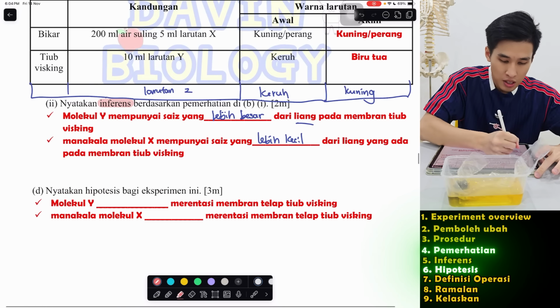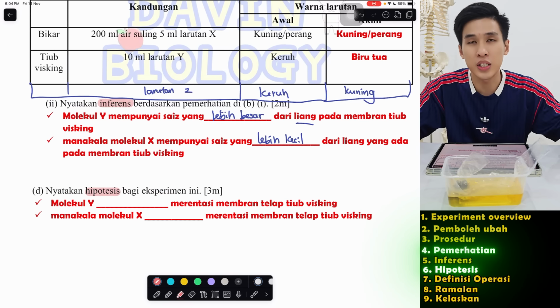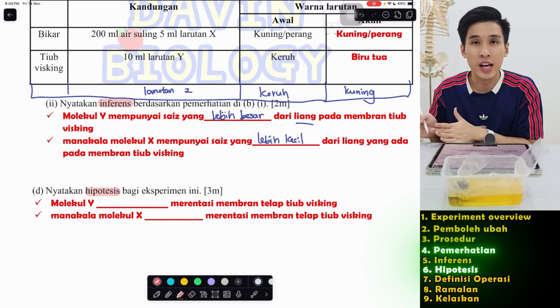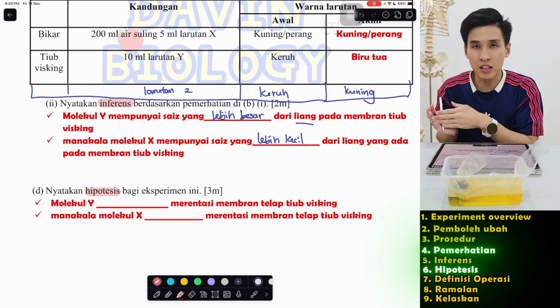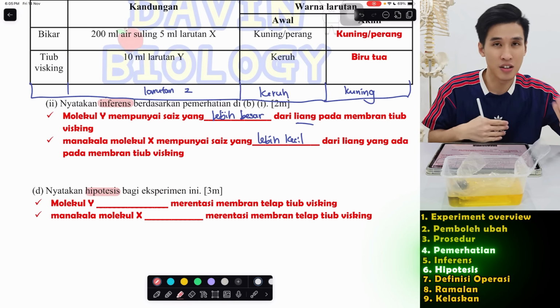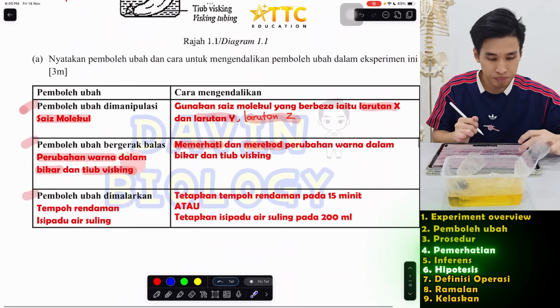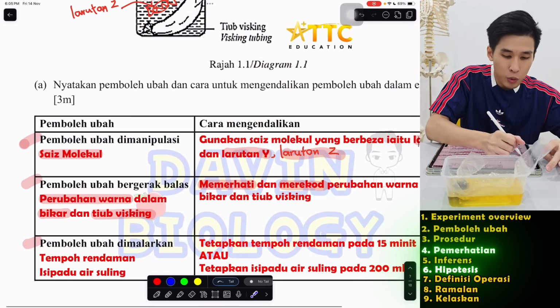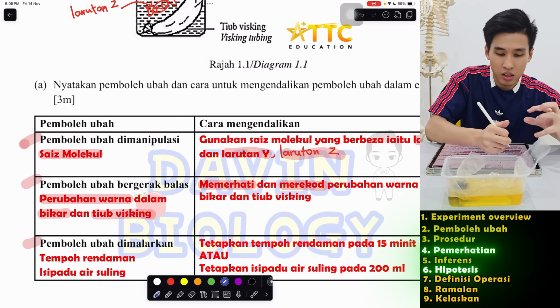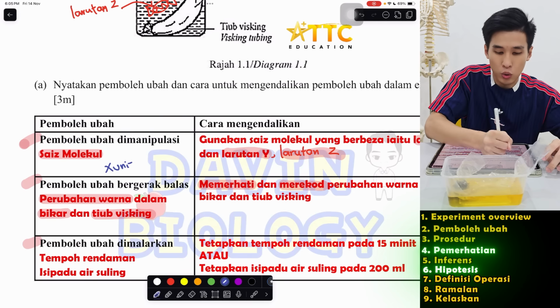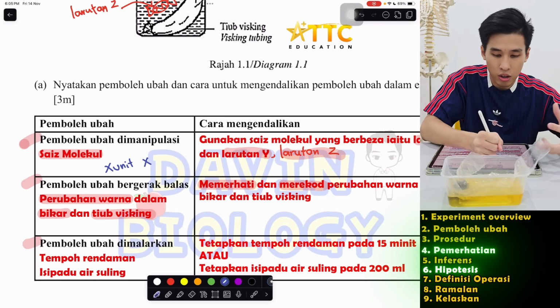Next, hypothesis. Most experiment hypothesis we can always explain semakin dimanipulasi semakin tinggi, let's say bergerak balas semakin rendah. But for this experiment you cannot write like that. Why? It's because your Pemboleh Ubah dimanipulasi got no unit one. Tidak boleh diukur. No unit, got no nilai one.